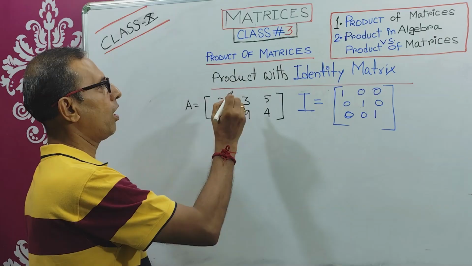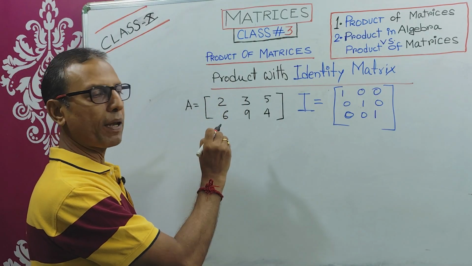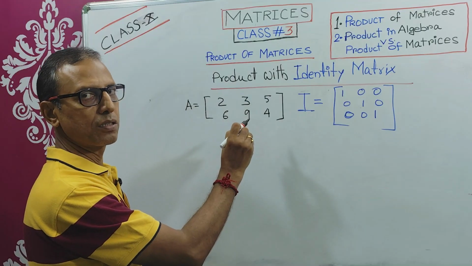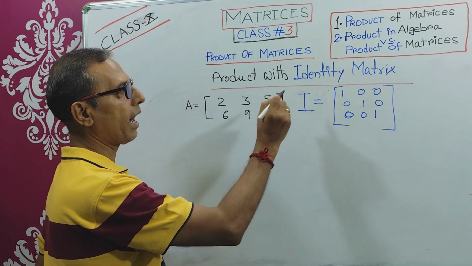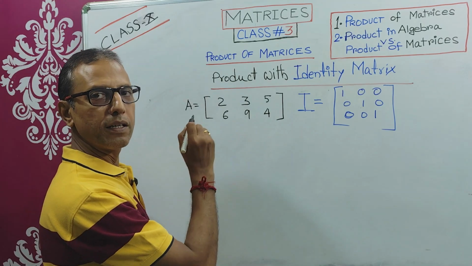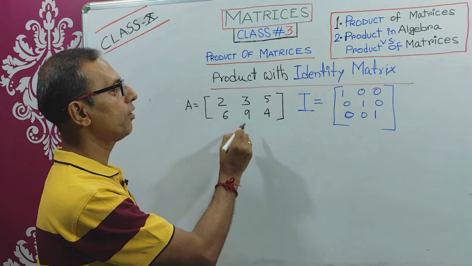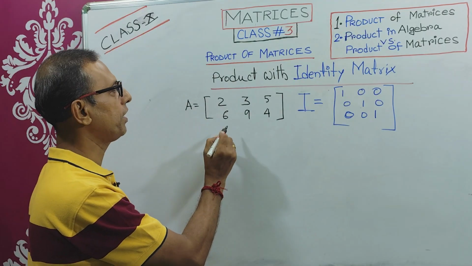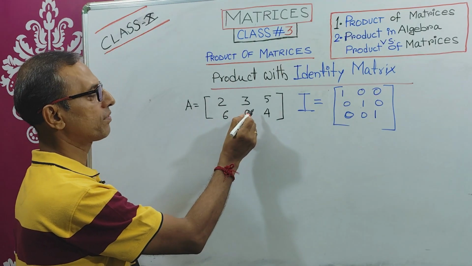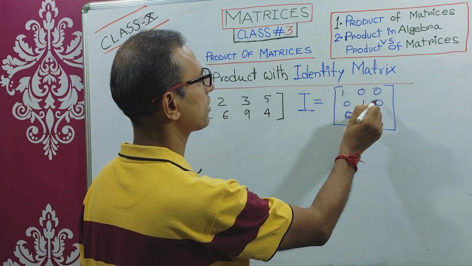Okay. Now, if you multiply any matrix with the identity matrix, then the resultant matrix or the output matrix will be the non-identity matrix. So here if you see, A is this matrix, and the identity matrix I have explained in the second class. So this is the identity matrix.